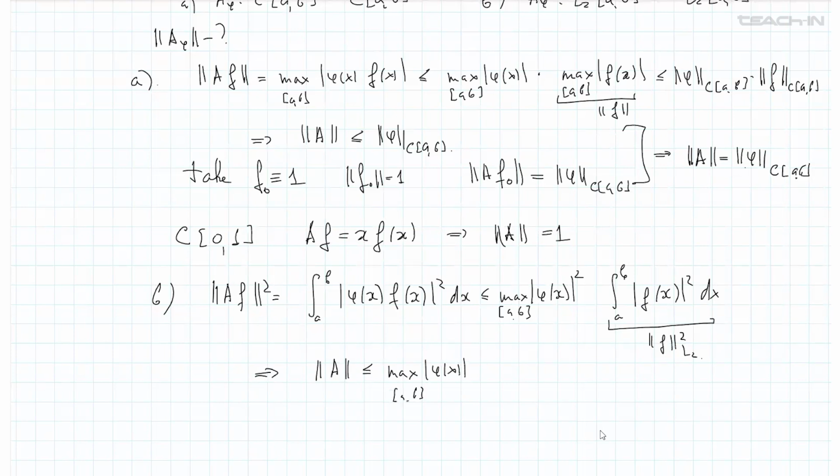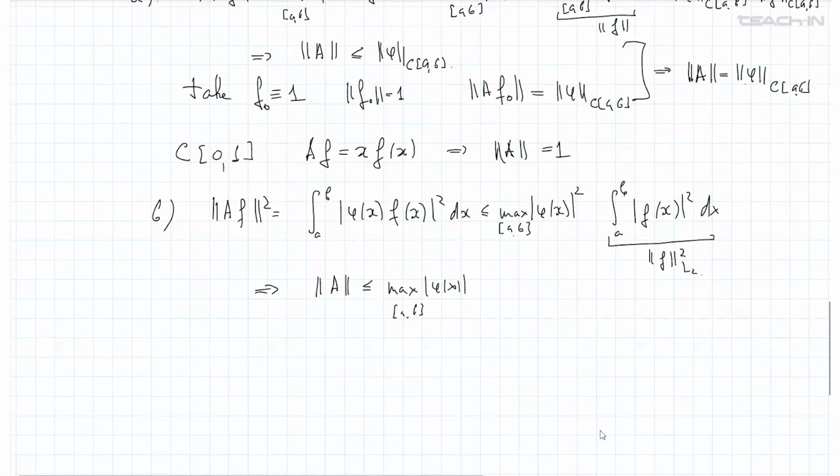But the example from the previous item, from item A, f0, is not convenient, because the norm of a constant on the arbitrary interval AB is not 1. It is the square root of the length of the interval. So this function is not useful. To prove that the norm equals this number in space L2 needs another method.